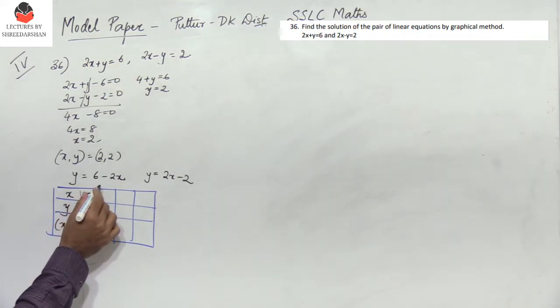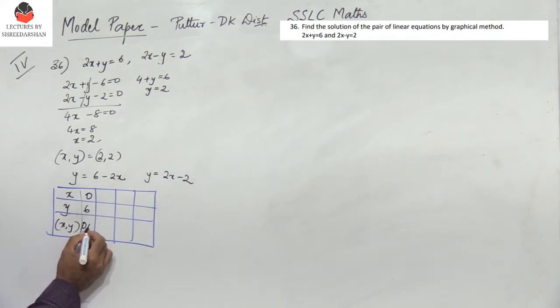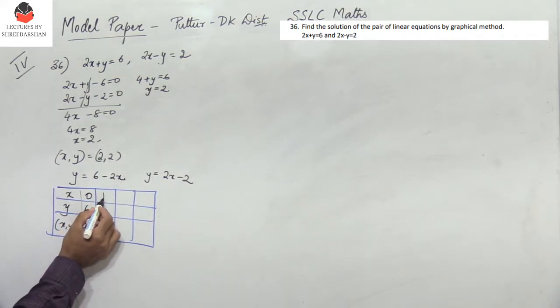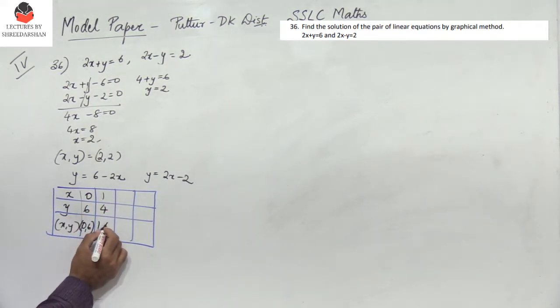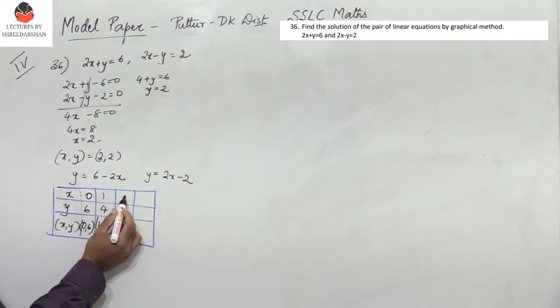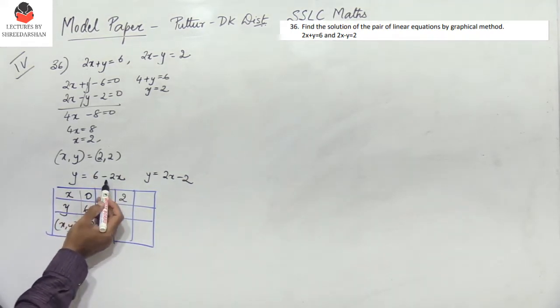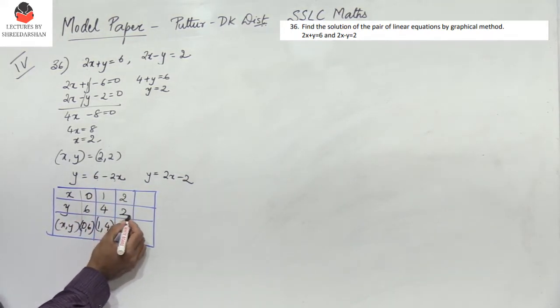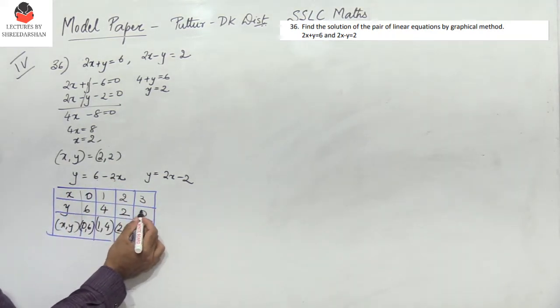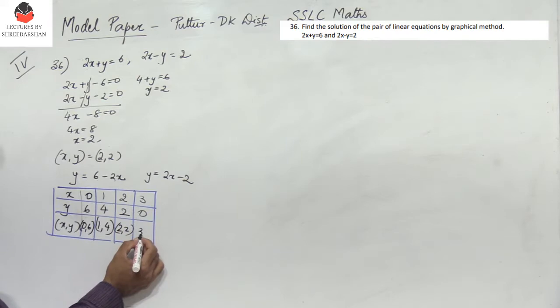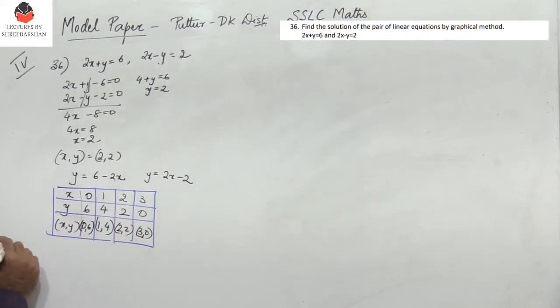If x is 0, y is 6, so the point is 0 comma 6. If x is 1, then 6 minus 2 is 4, so y is 4, the point is 1 comma 4. If x is 2, then you find that 6 minus 4 is 2, y is 2, so you have point 2 comma 2. And if x is 3, then you have y 0, so the point is 3 comma 0.